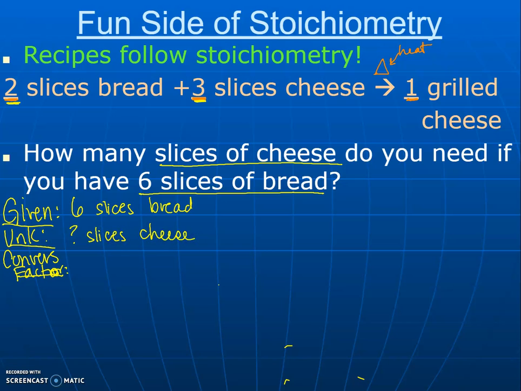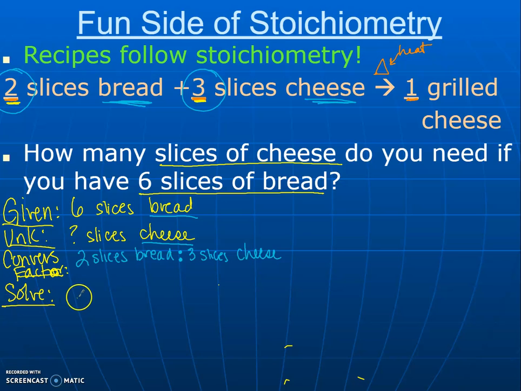Since we're talking bread and cheese, we look at the bread and cheese in the balanced equation. We have 2 slices of bread proportionally for every 3 slices of cheese. Proportional, not equal, so these are little ratio signs. Then we use this proportion to solve our equation.